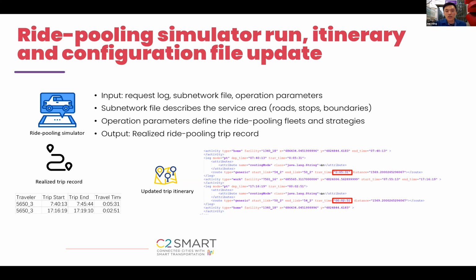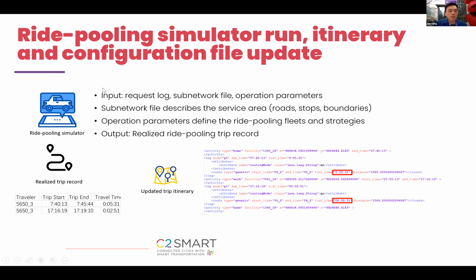So if there are stops involved, we also need to include the stops in the subnetwork file. And the operational parameters will define how this ride pooling simulator works. For example, how many vehicles are in one fleet, what the size of the vehicle is, and what strategy a fleet is using to provide the ride pooling service.